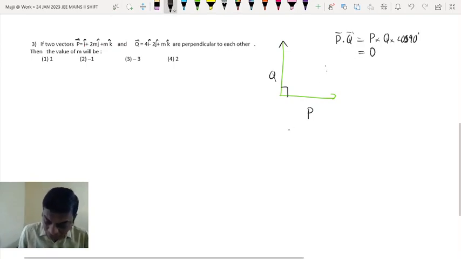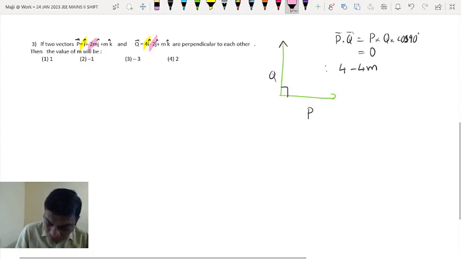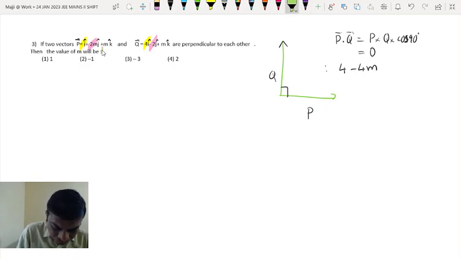So if you take the dot product, then multiply the coefficients of i cap on both sides. See, the coefficients of i cap on both sides is 4. Then the coefficients of j cap on both sides are 2m and minus 2. So minus 4m, and finally the coefficient of k is m here, and here also it is m.